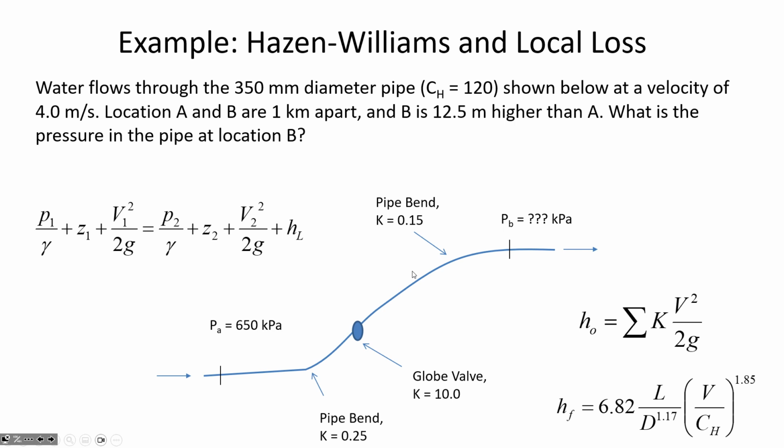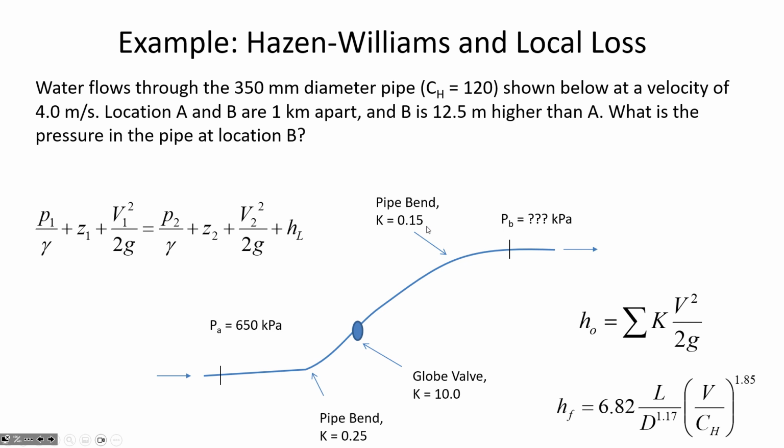And then the same thing is also true, remember, of local losses. Because local losses, you multiply the K value by the velocity head at the fitting. And so if it was one velocity here in this first pipe bend, then you'd need to multiply whatever the velocity head at that location is by the K value. But then this other one would have a different velocity.